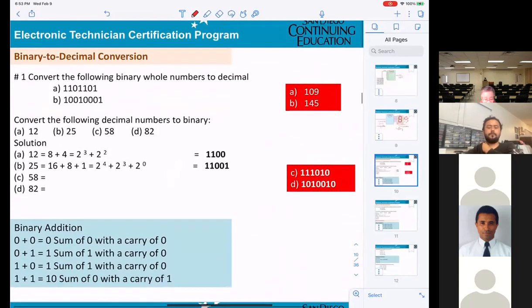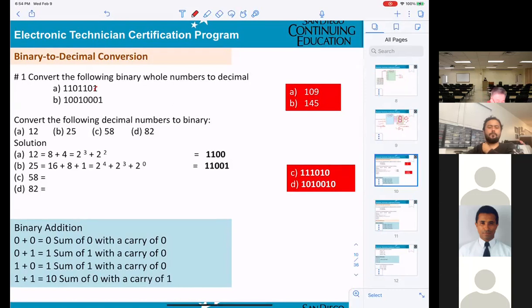Okay, so what I need, this will be talking about binary to decimal conversion. That means if you get this binary and you turn it into decimal, I given you the answer here, but I try to repeat it.